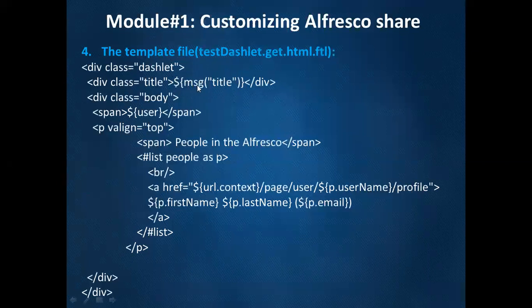You should always write this kind of code: dollar, bracket, msg, and between them you give your label. This way, the value of your label will display. Good. Now I think it's clear.